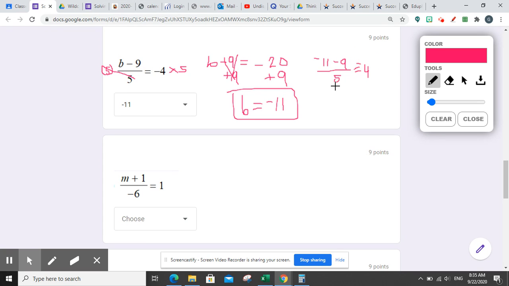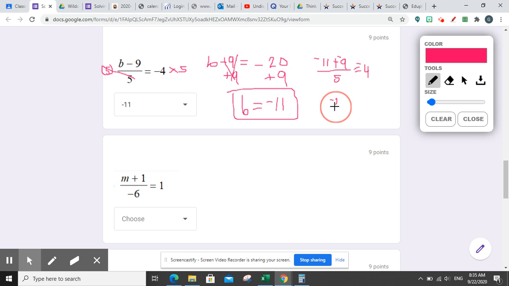So how could I double check? Well, I'm going to keep change. So now I have a negative plus a negative. So it's going to be a negative because we're adding. Remember, we're not multiplying or dividing, so it's not going to be a positive. It's a negative. So 11 plus 9 is 20, which is negative 20.